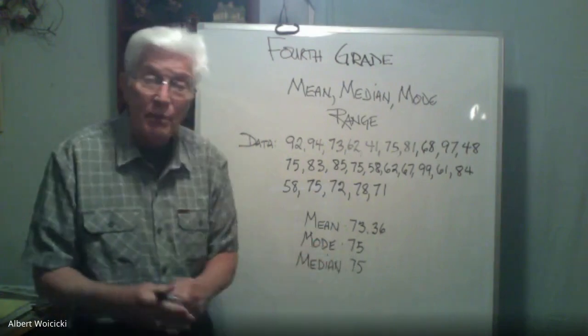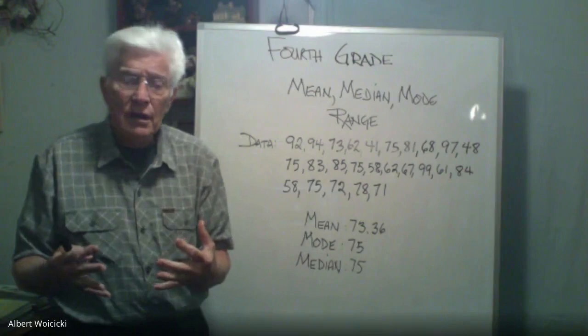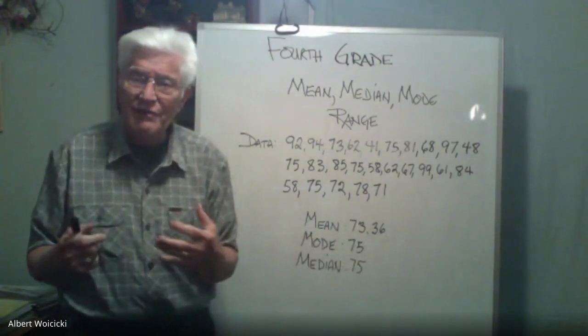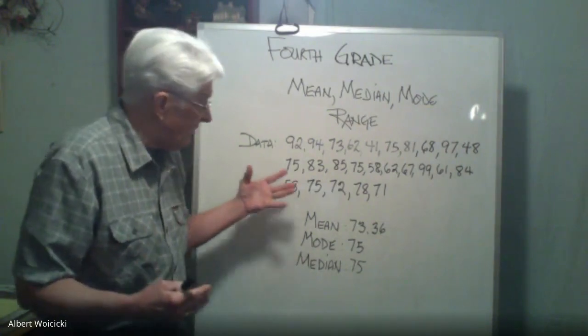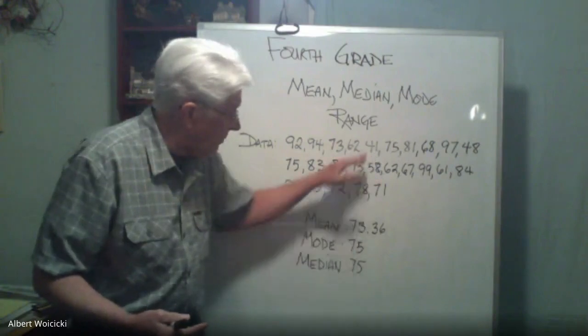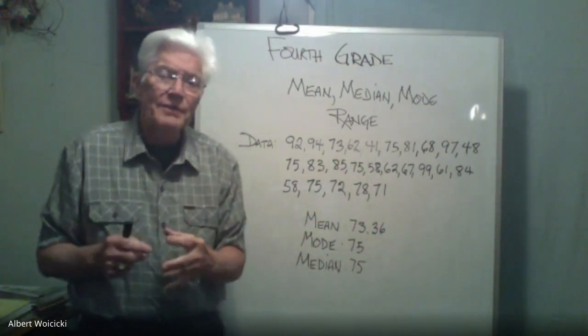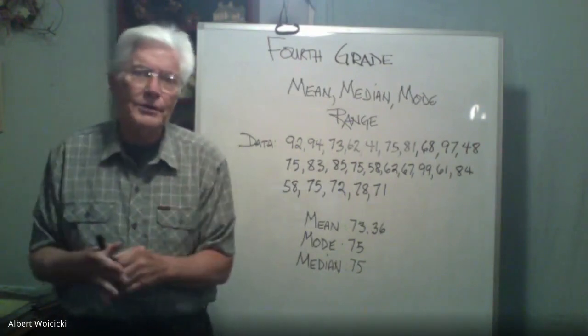Your mode said the 75 happened on most scores. And the mean was 73.36. The average was 73.36. You can see that the one score of 41 probably pulled this down a little bit. So your test was probably pretty good.